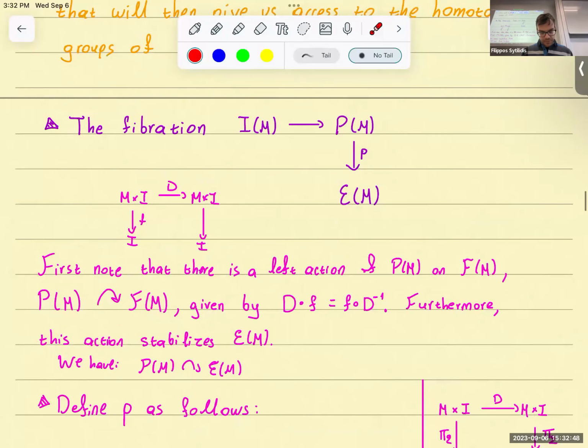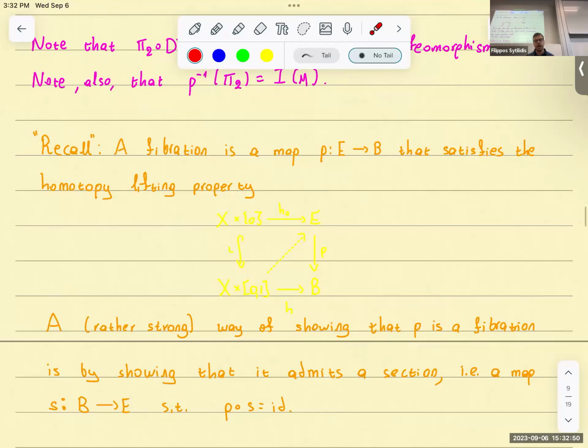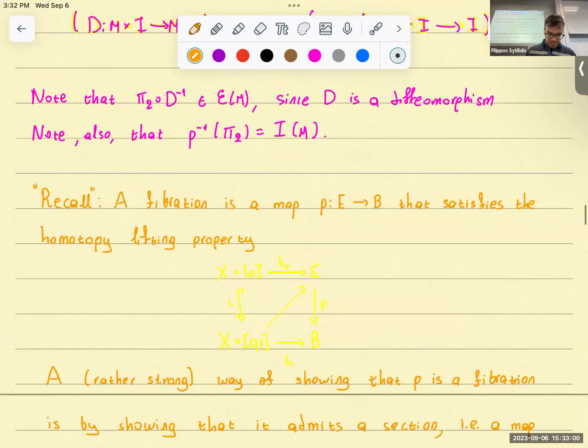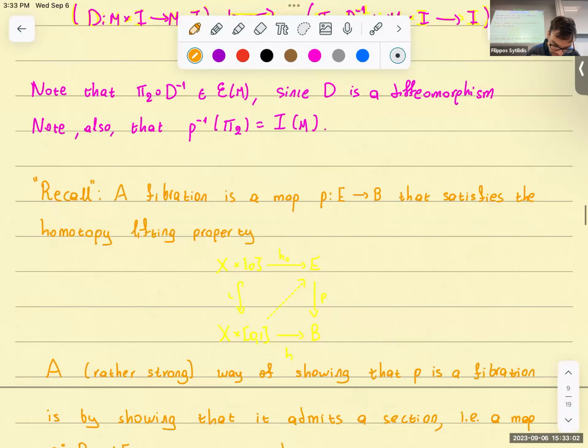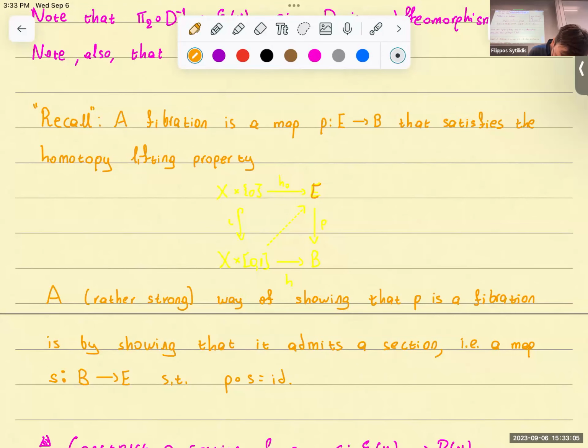It turns out there is a weaker notion, which is this notion of a fibration, and it's being satisfied by this map P. So if I have a map P from a total space to a base space, this is called a fibration if it satisfies the homotopy lifting property. So what's the homotopy lifting property?